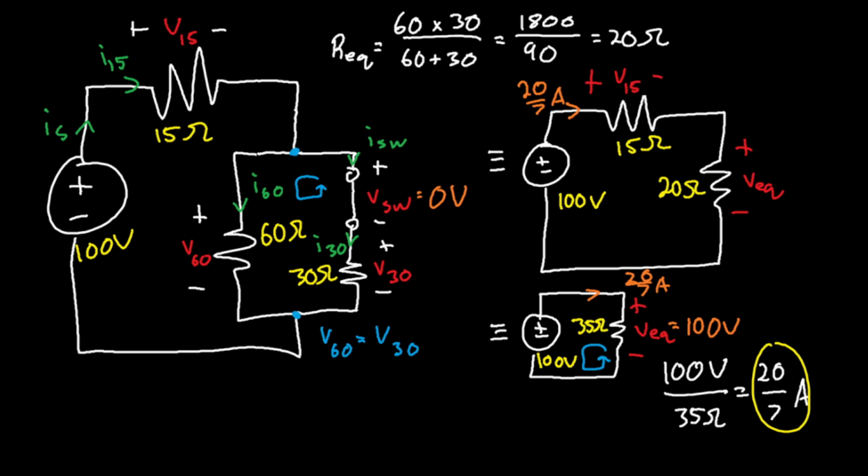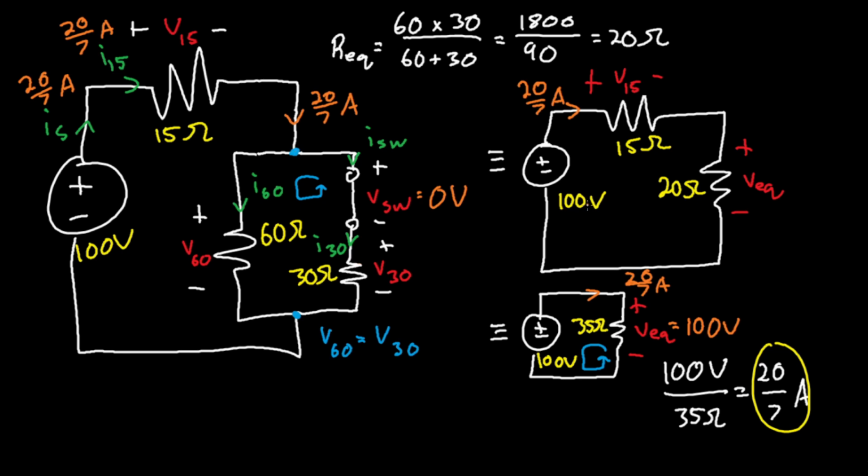Now that we have 20 over 7 amps, we can do a little bit more math. So 20 over 7 amps is the current here, and 20 over 7 amps is the current here. So that means there's a current of 20 over 7 amps going into this node in blue.